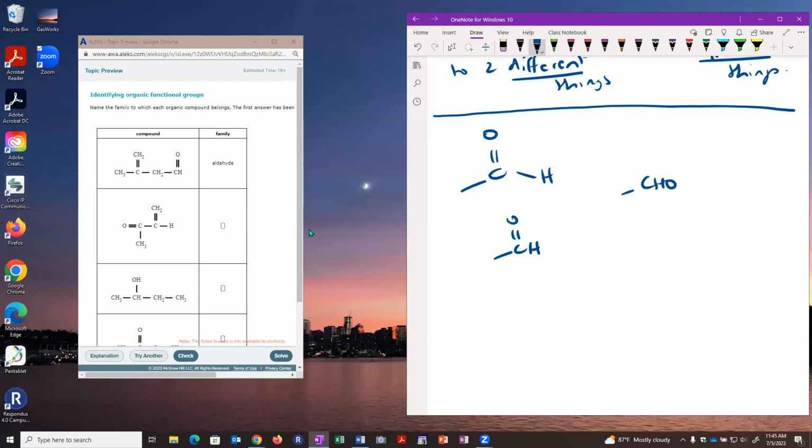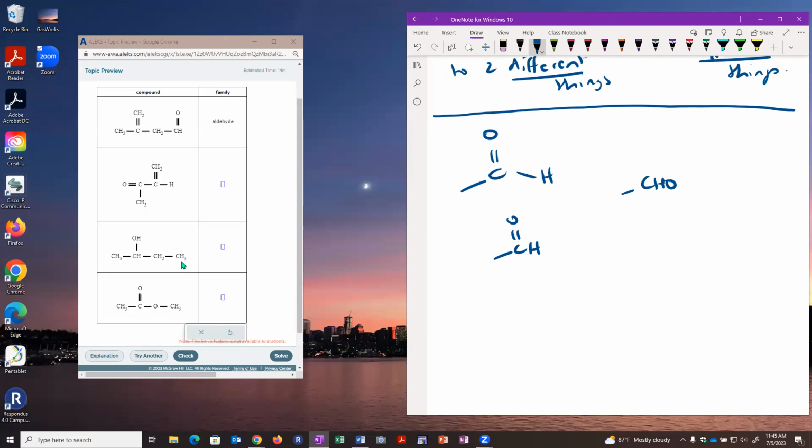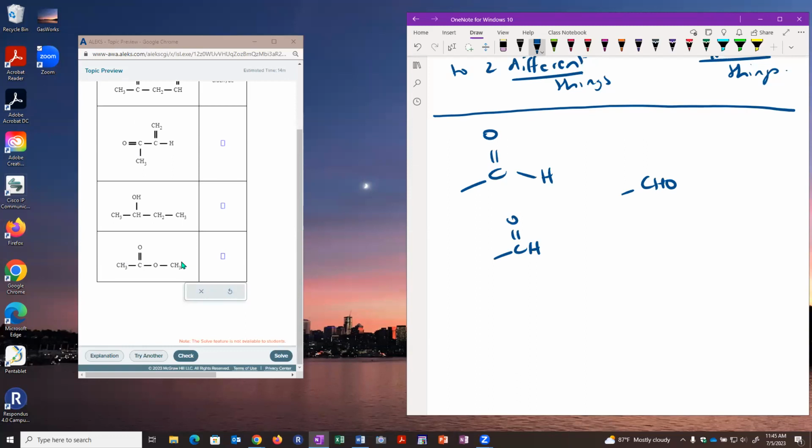So we'll take a look at a couple other ones. Usually what we're going to look for are atoms other than C's and H's, like I mentioned previously. If we take a look at the second one, we'll see that there's an O connected to a C. That's this structure here. We have a CH3 at the bottom, a C double bond CH2 at the top, and then an H over on this side.